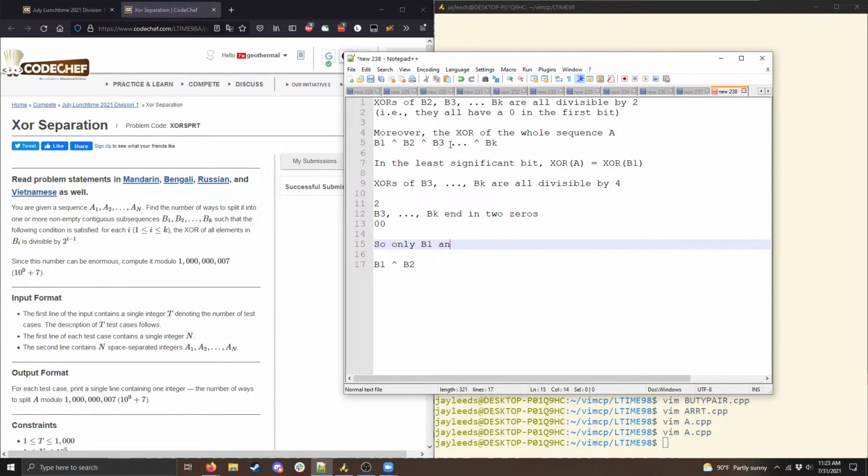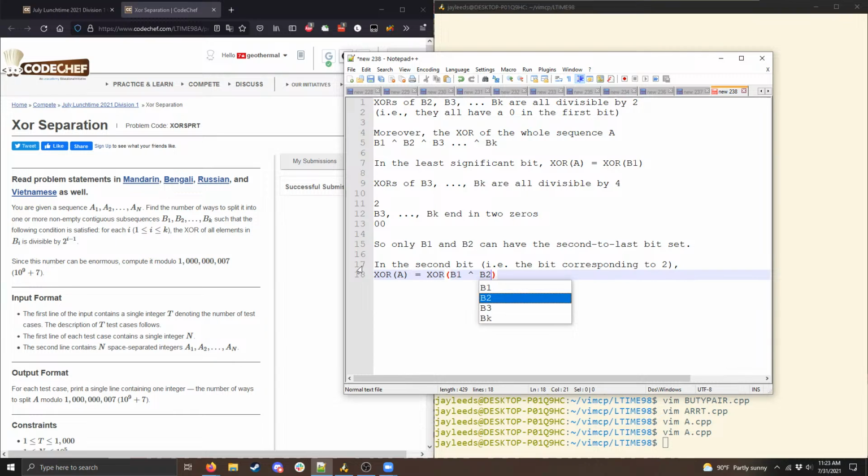So only B1 and B2 can have the second to last bit set. So all of these other things are going to be zeros in the second bit. So in the second bit, i.e. the bit corresponding to 2, XOR of A is equal to the XOR of B1 XOR B2.